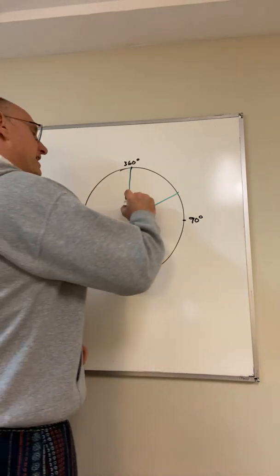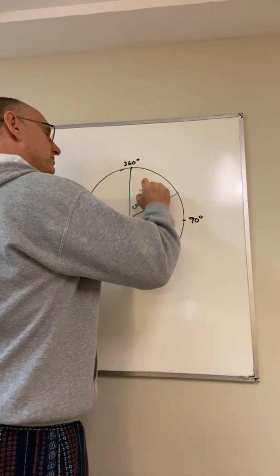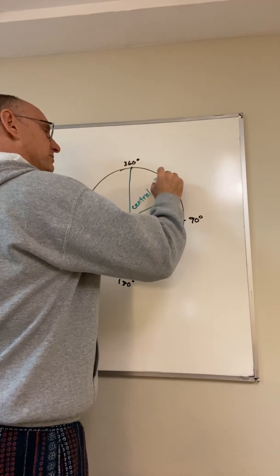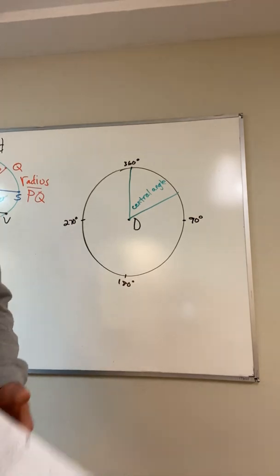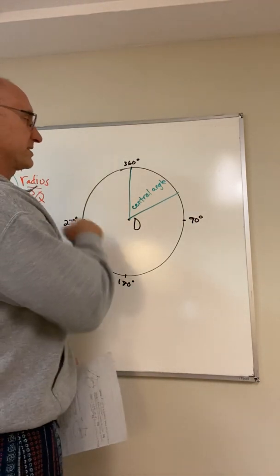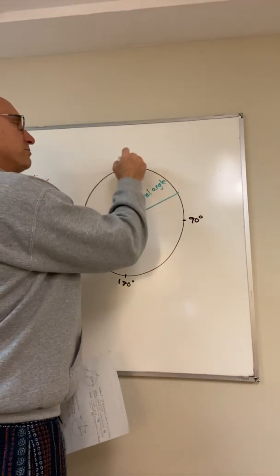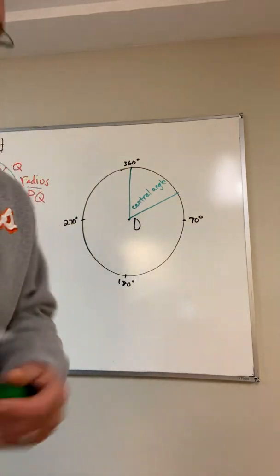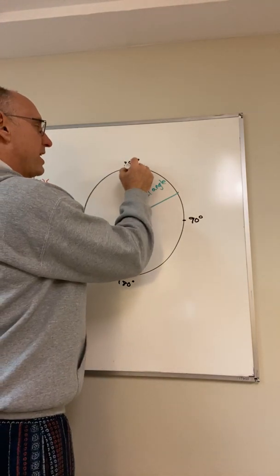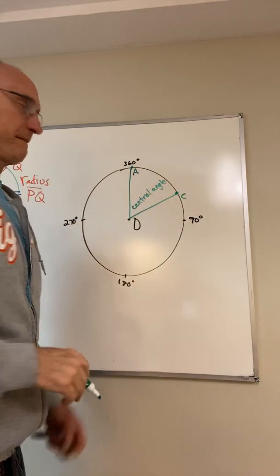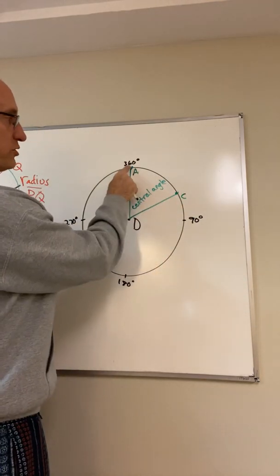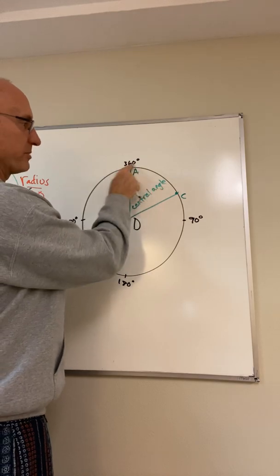We call that a central angle because the vertex is on the center. And central angles need 3 letters. So let's say this is D and this is point A and this is point C, and then you'd measure this part right here from A to C.